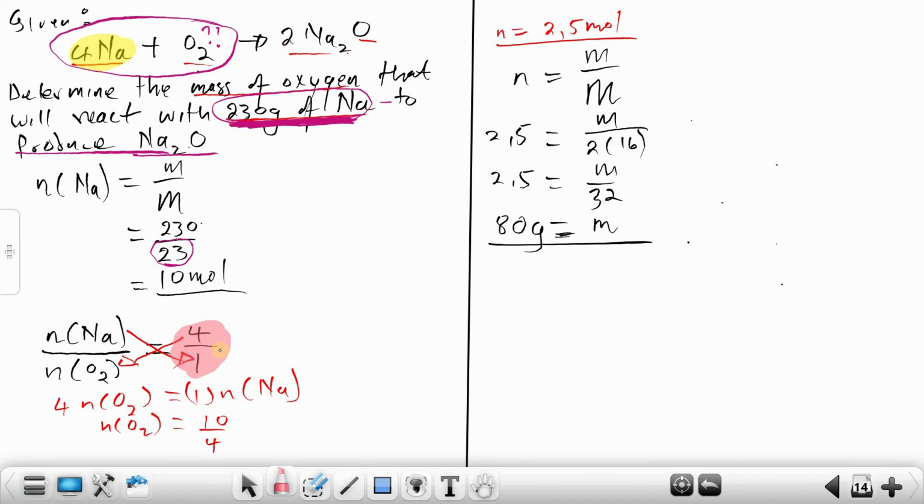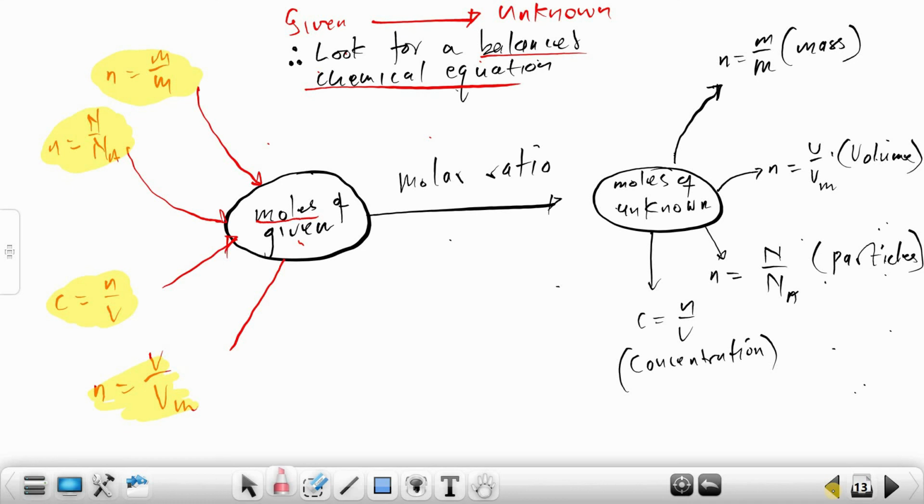Thank you very much. If you understand how we got the 4/1, it emphasizes the issue of linking the given to the unknown by use of what? Molar ratio. The only way of linking the given and the unknown is through molar ratio.